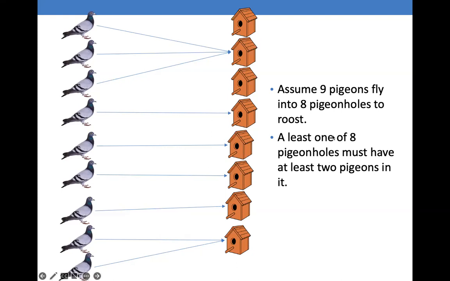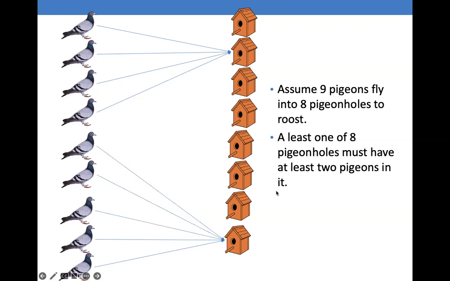We mentioned that at least one of the 8 pigeonholes must have at least 2 pigeons. So this is still correct if this pigeonhole has 3 pigeons. 3 is at least 2, right? And the others will be empty. So this is also true. Let's say we have 4 pigeons roosting in only one pigeonhole, this is also correct.